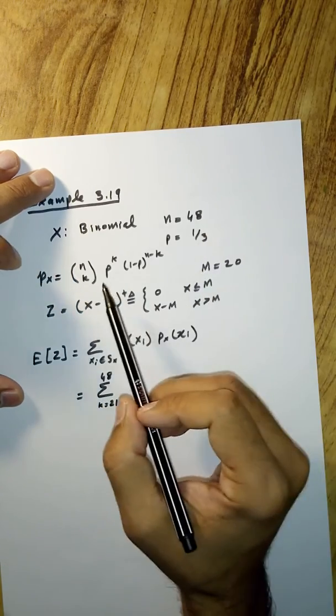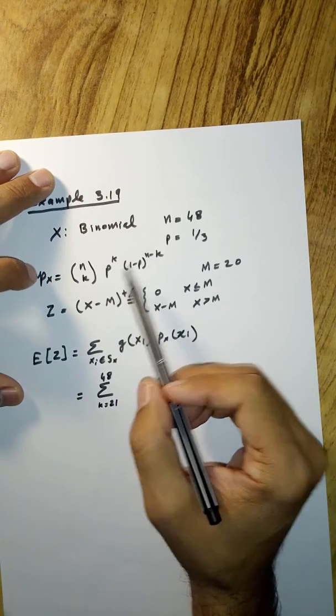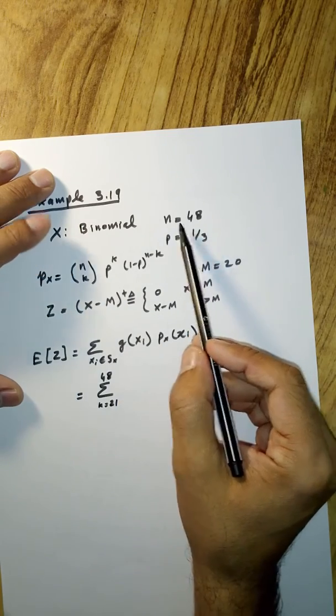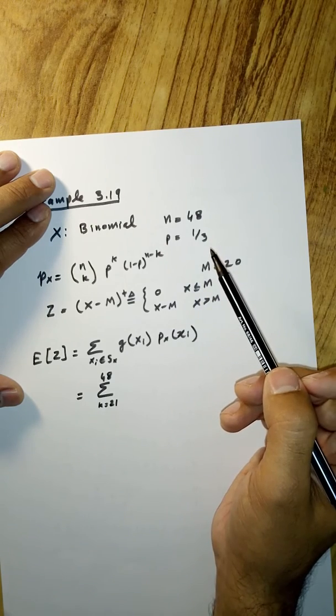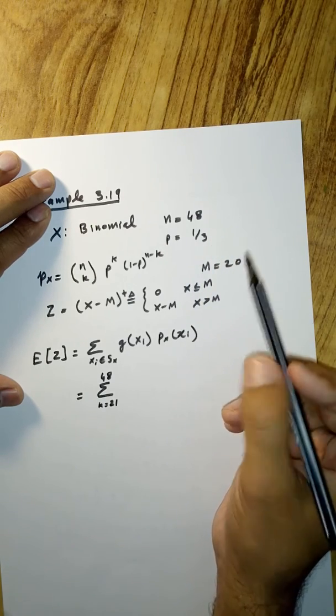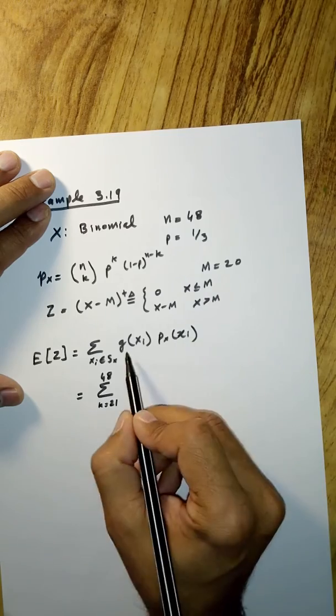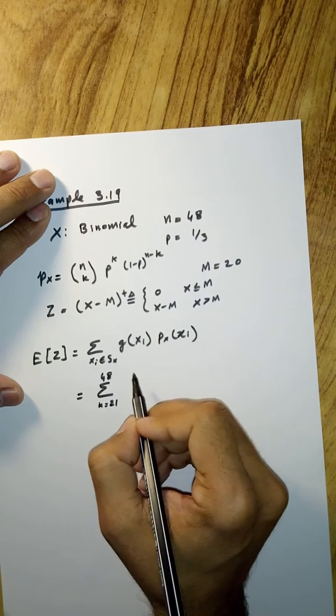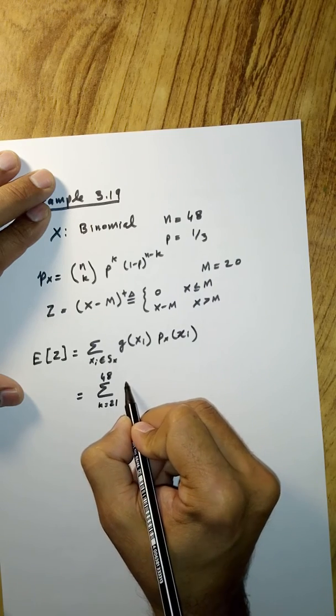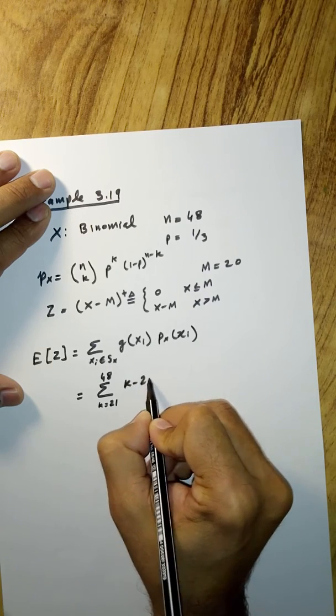Remember, x can take all possible values. n is 48, so the possible values of x are 0 to 48 basically. Then for k greater than 20, the function gives us just x minus m, so that will be just k minus 20.